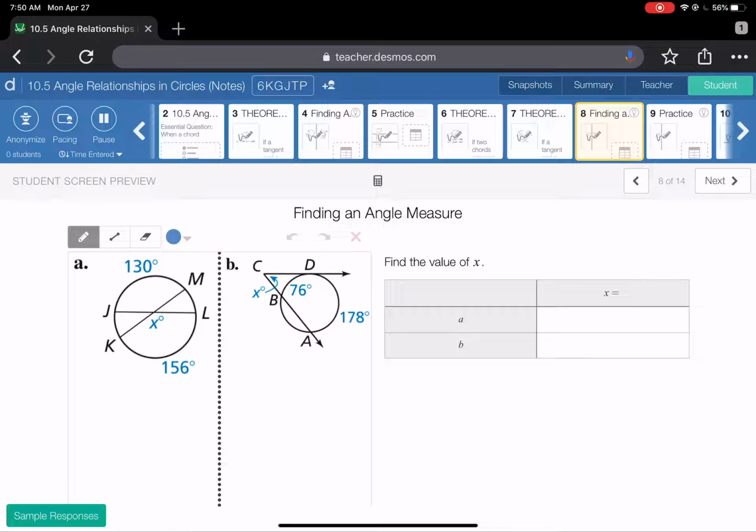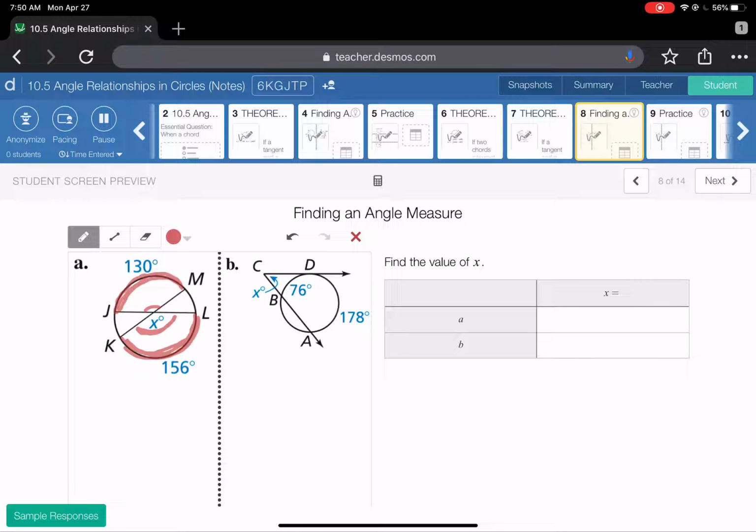So we're going to start with angles that are intercepting inside of the circle. We said that if we're looking for an angle inside of a circle, we're going to add. So inside means add. We add that arc and the arc across from its vertical angle.